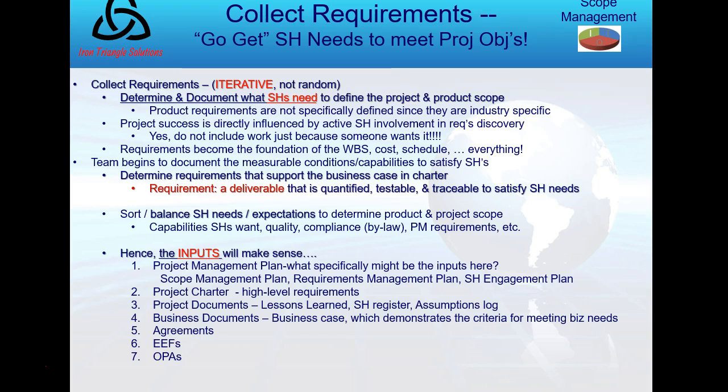We're determining the stakeholders' needs, and it provides us a basis then for defining the product scope and the project scope along with it. The PMBOK guide doesn't specifically address product requirements because those are largely industry specific, but all you have to do is be aware of the product and project scope.